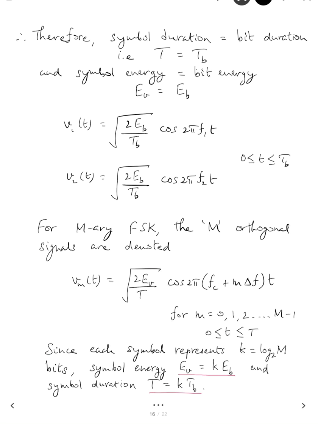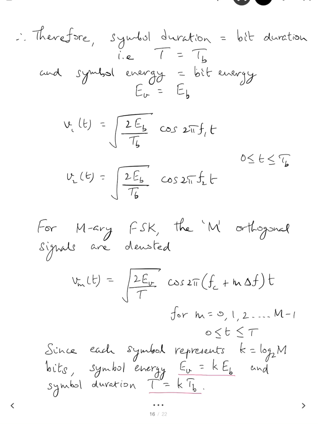So similarly, in general, for any value of M, the number of bits in each pulse is k, which is logarithm to the base 2 of M. So therefore we can have this relationship between the energy of the symbol and the energy of the bit. The symbol energy is k times the bit energy, because each symbol is k bits long, and the symbol time is k times the bit time, because each symbol is k bits long, right?